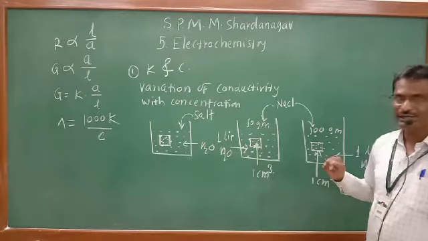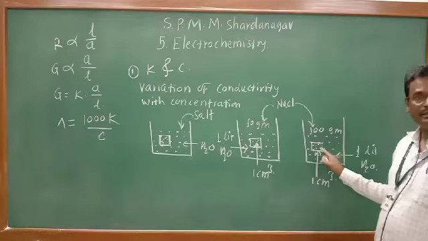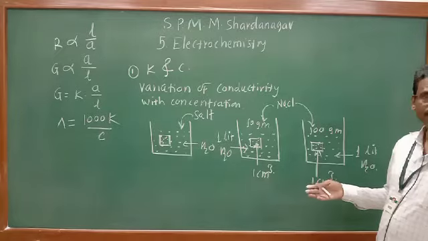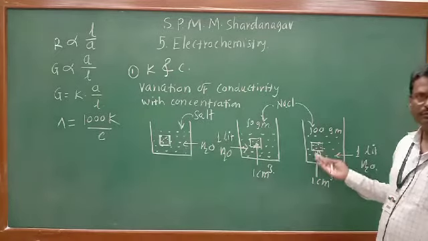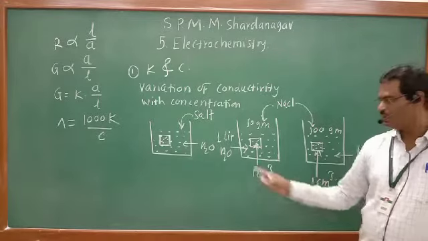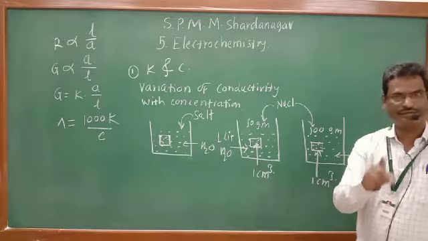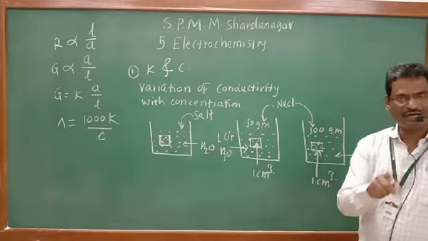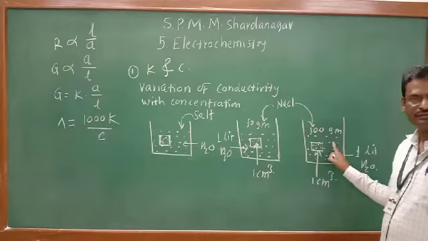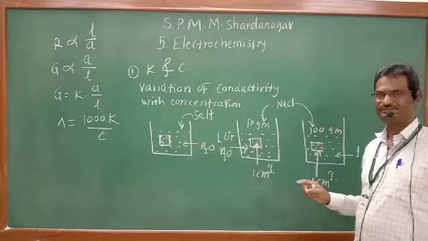And what is conductivity? K. Conductivity is conductance of ions present in 1 centimeter cube volume. So here ions are more, conductivity is also naturally more. Ions are less, conductivity is also less. It means that if we increase the concentration, conductivity also increases.